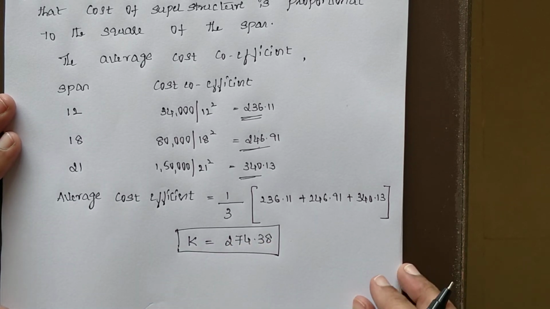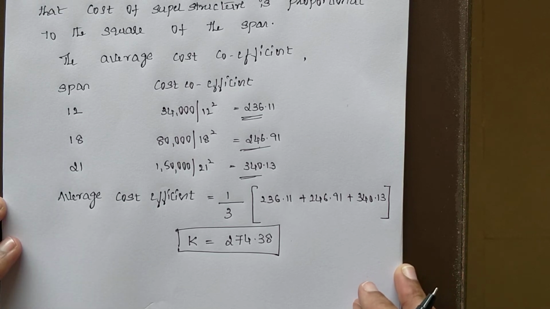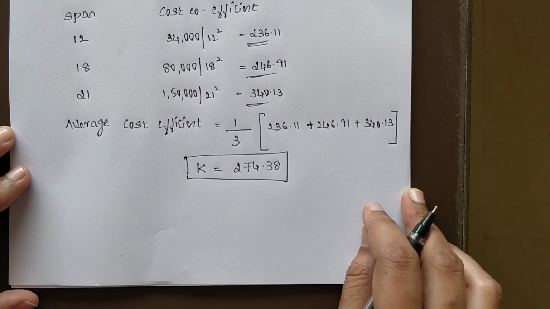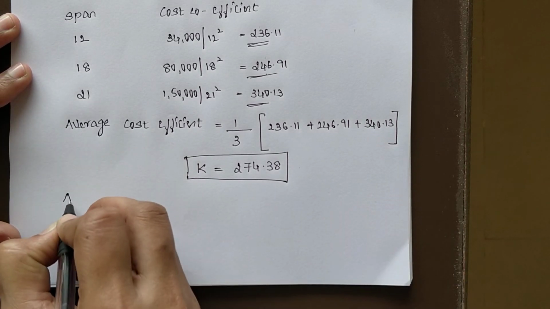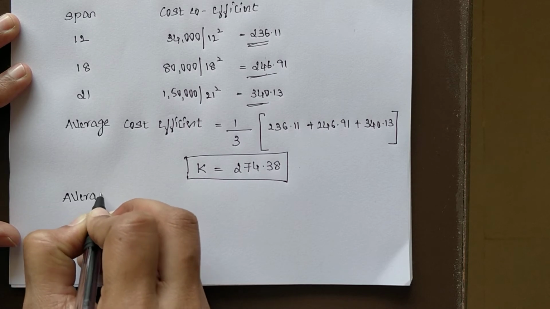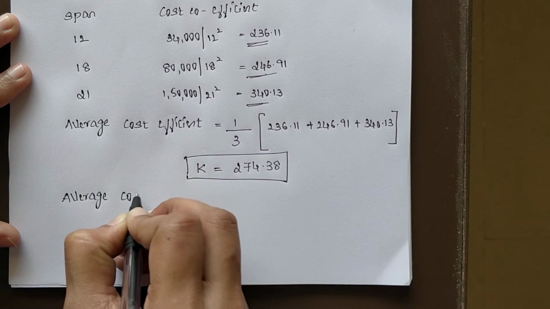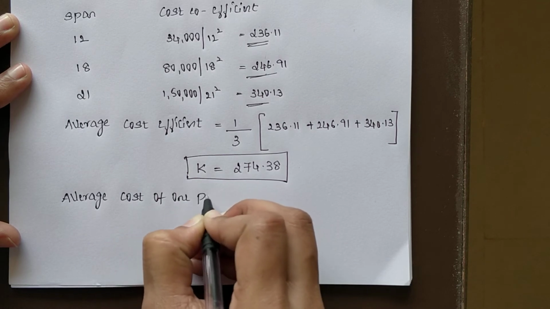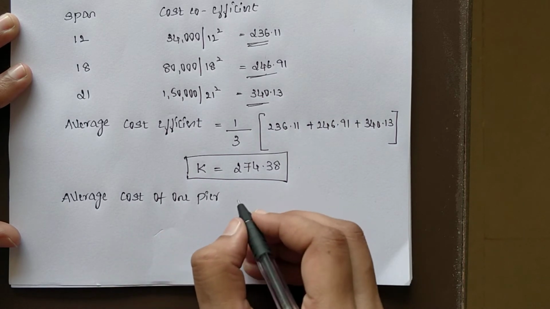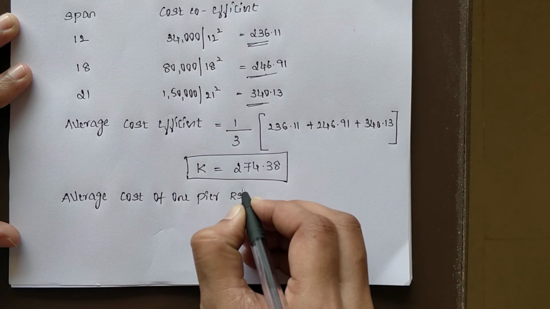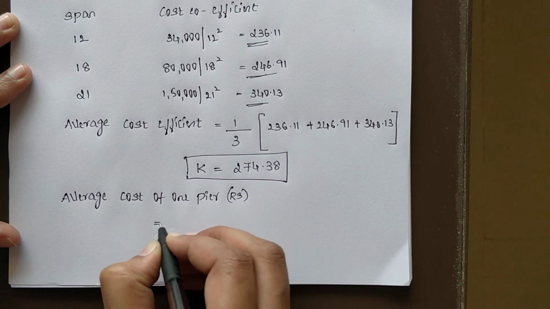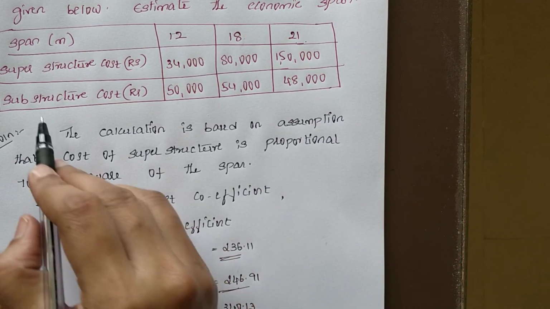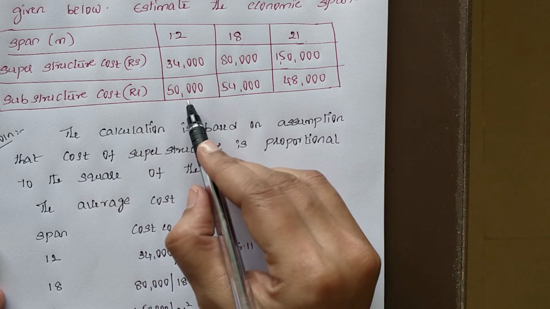Once you calculate the average cost coefficient, then you need to calculate the average cost of one pier. The average cost of one pier is given by the substructure cost they have specified.